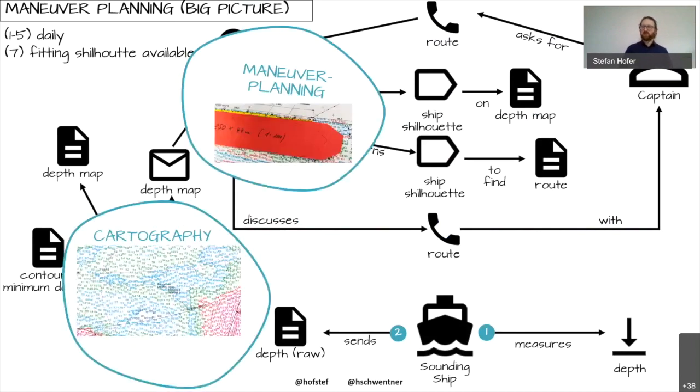So again, if we ask the people who are active or working in this area, our experts, they would say, well, this one part here, that's what we call maneuver planning. And the other part here is what we call cartography. And they are actually connected through the depth map. So the depth map is a result from the cartography and then passed on to maneuver planning. So that's what connects them. But as you can see, it's a one-way flow of information.